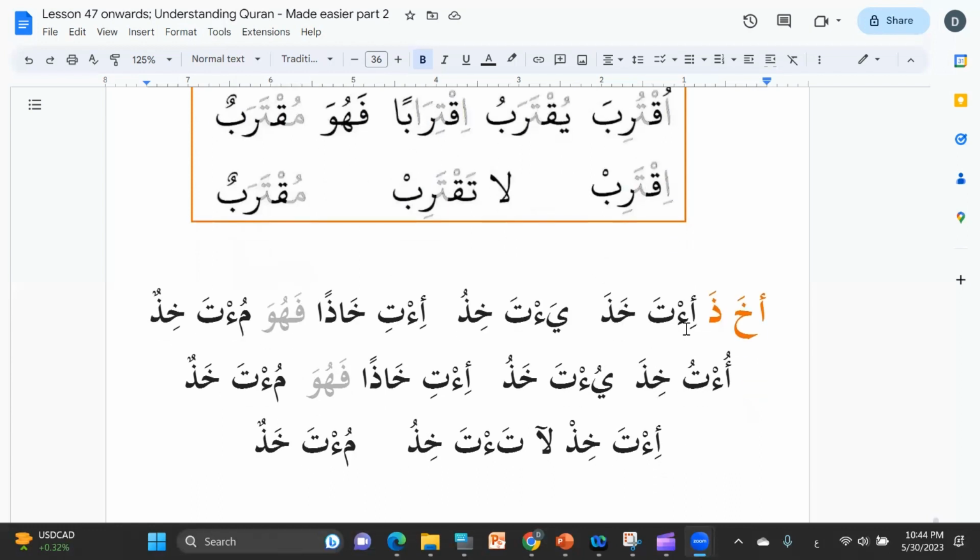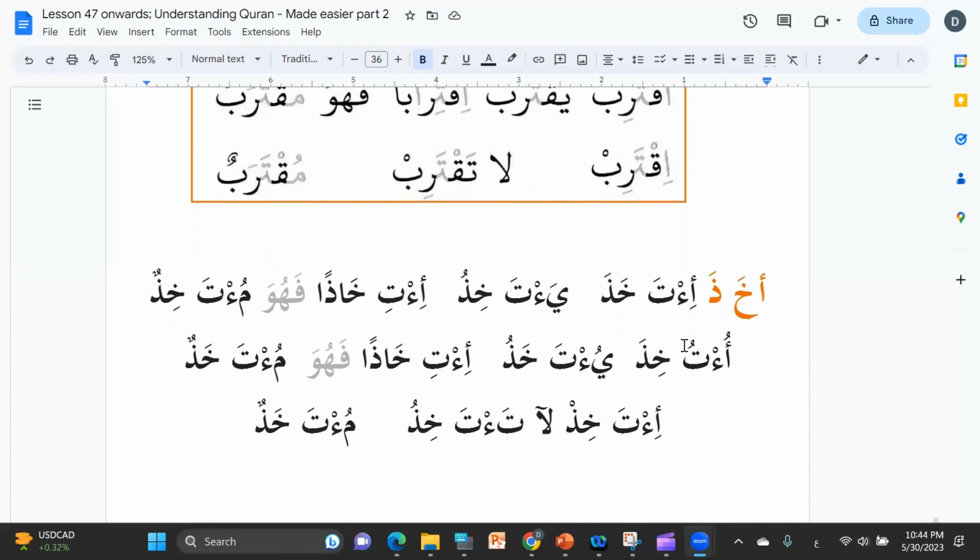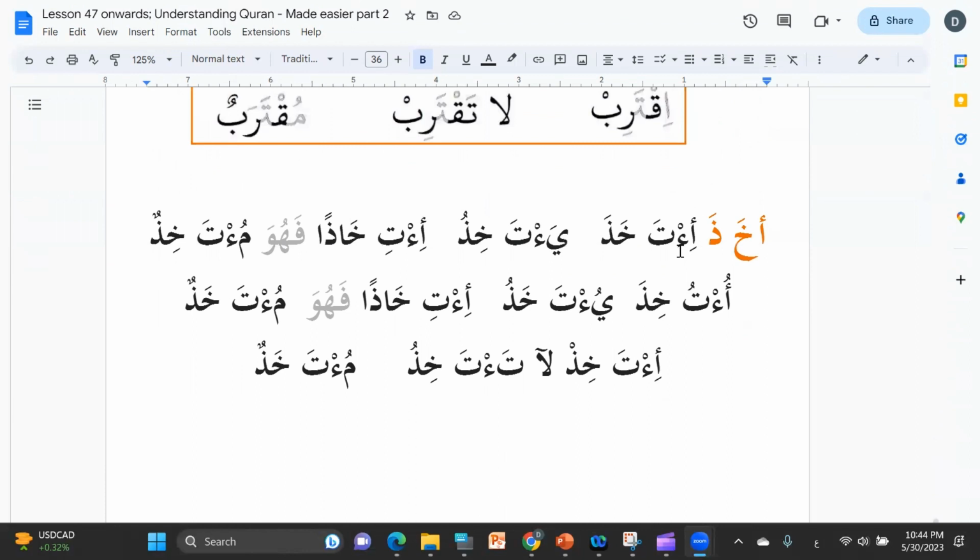Instead of hamza, they put an extra ta. So they remove the hamza and put an extra ta over here and merge these two ta.